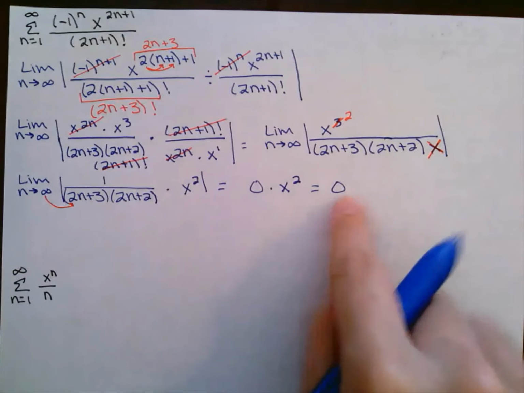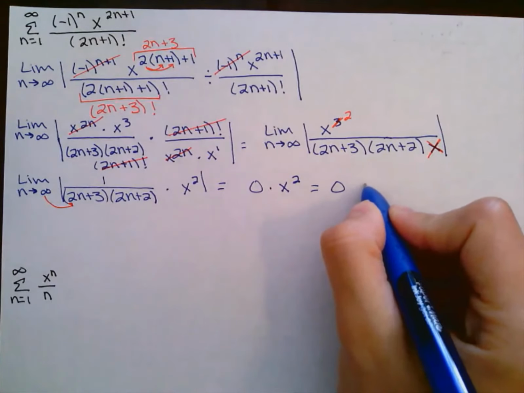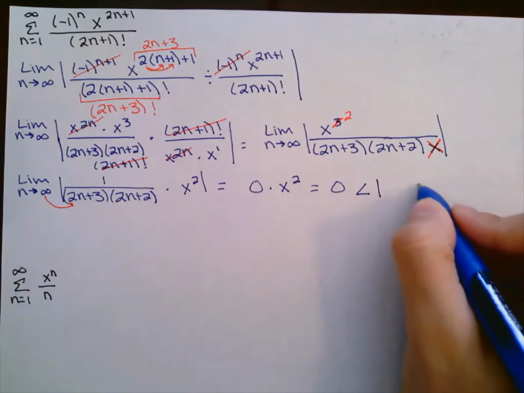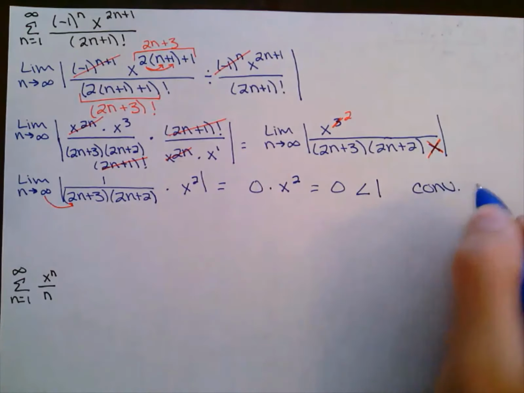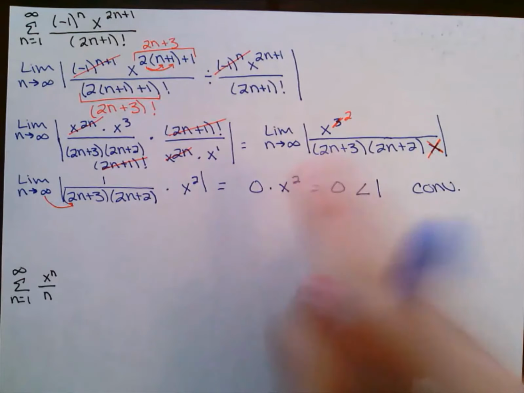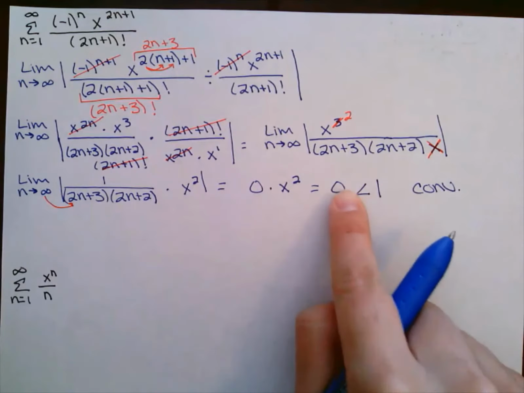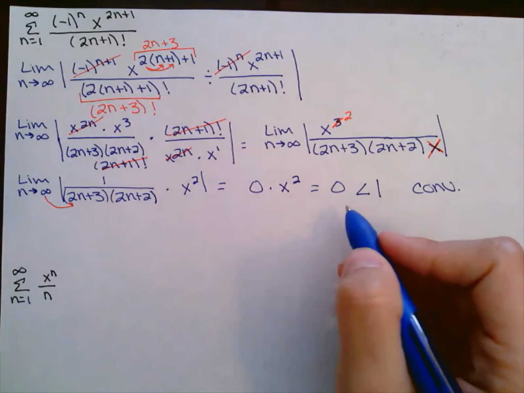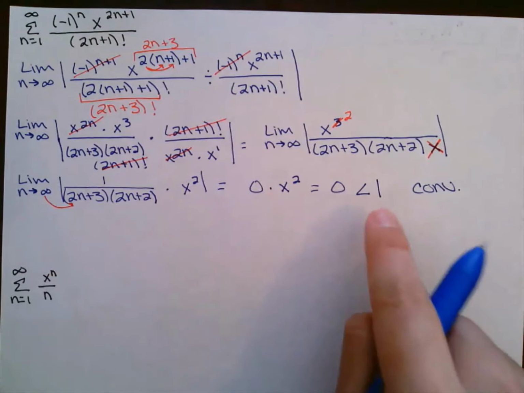And if I want to know when this converges, it has to be less than 1 in order to converge. Well, in this case, because the x disappeared, 0, no matter what the x is, will always be less than 1, which means that this always converges.